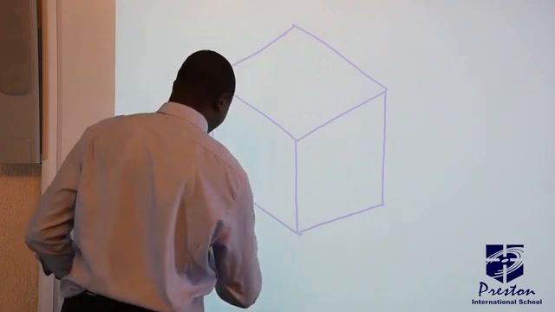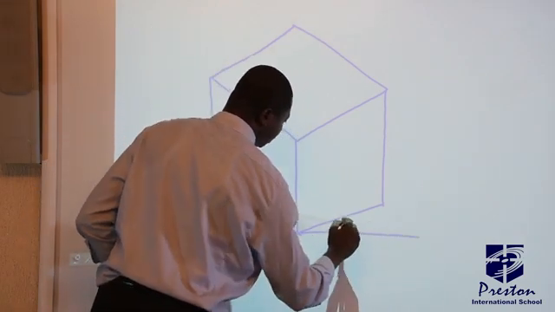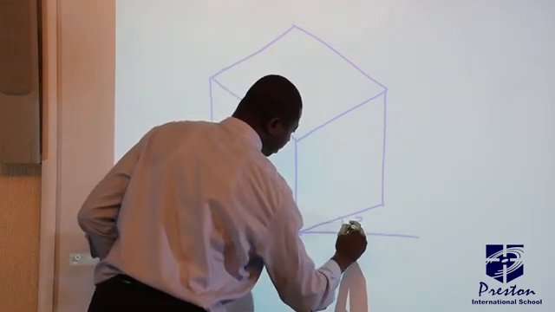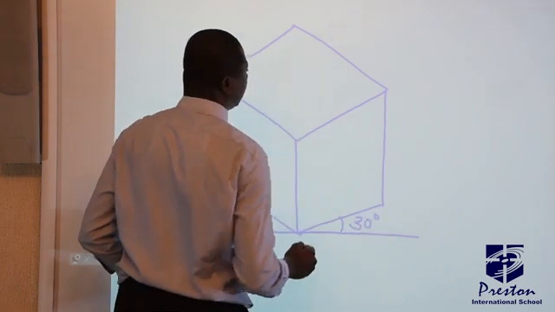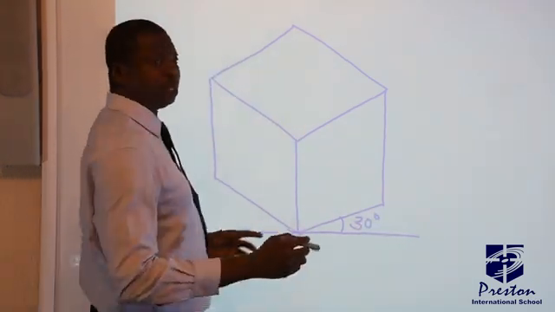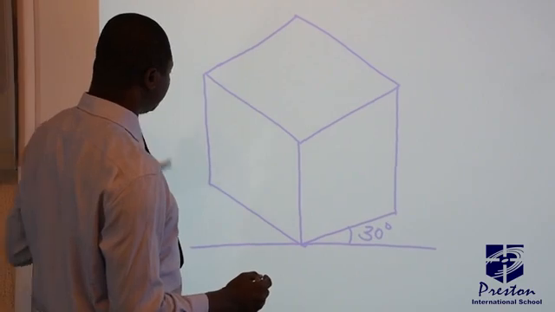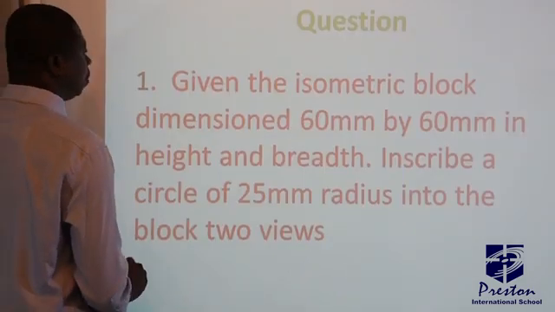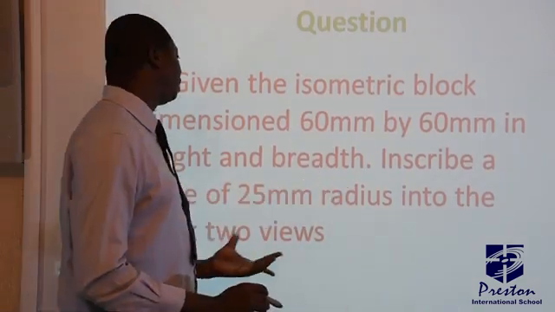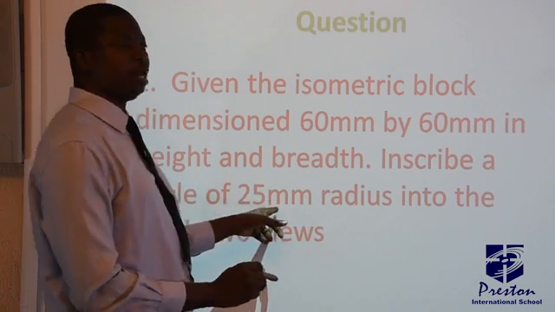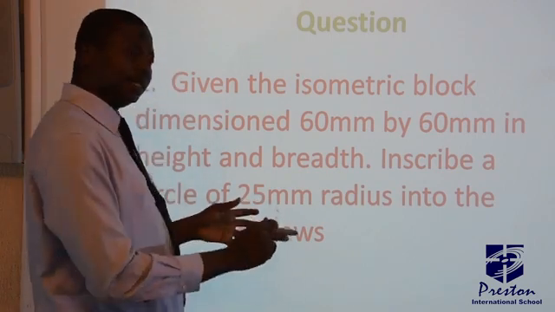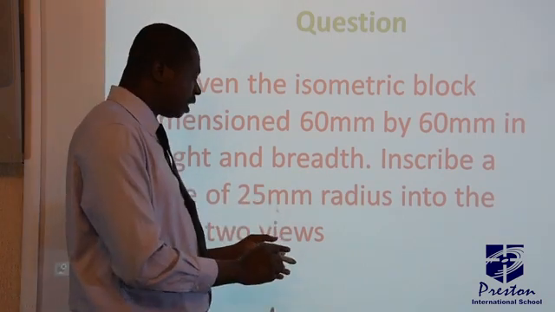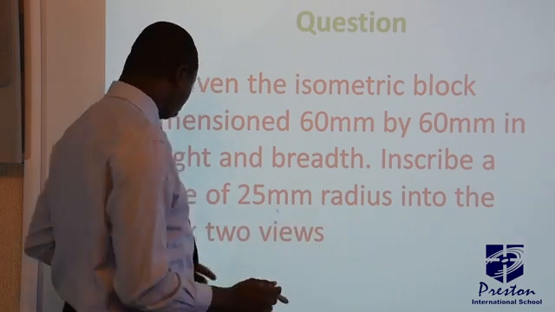So it is assumed on the isometric plane that this angle is 30 degrees. Now, how do we inscribe using this method? Remember, in the question, we are asked to inscribe a circle of radius 25 mm. That means the diameter will be 50 mm.